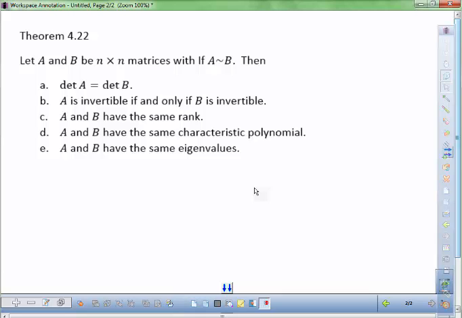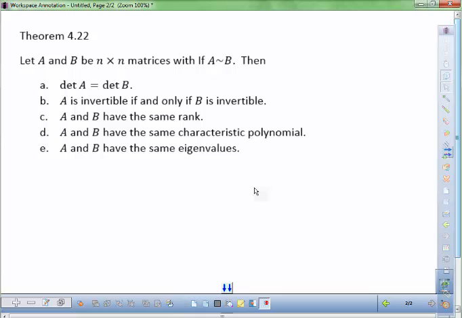If A is invertible, then B is also invertible and vice versa. Of course, if A is invertible, it follows that the determinant is non-zero, so then the determinant of B is also non-zero. That follows directly from the first property.